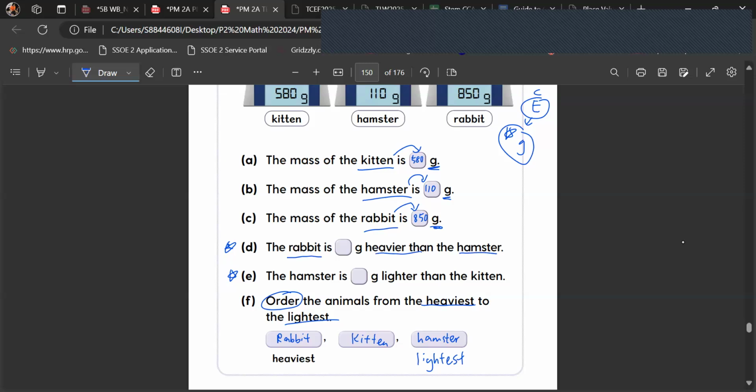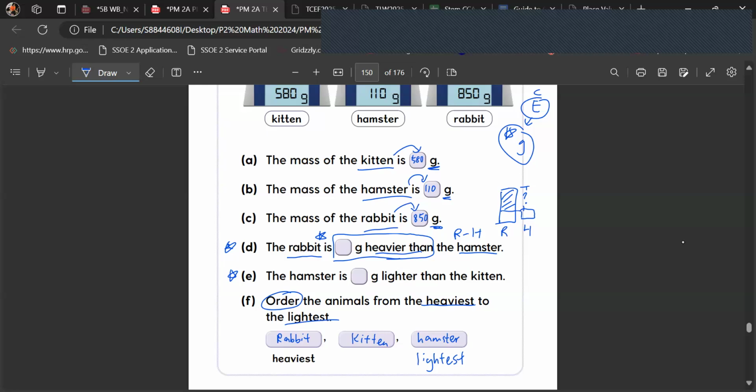But this blank wants to know exactly how much heavier than. So we know that the rabbit is a long bar, the hamster is a short bar. You want to know how much they differ? They're not the same. So I need to take the rabbit minus the hamster.